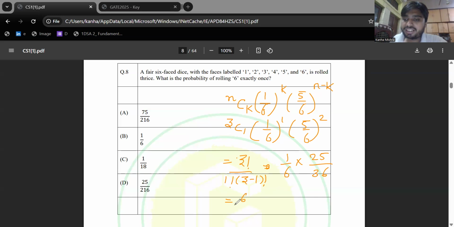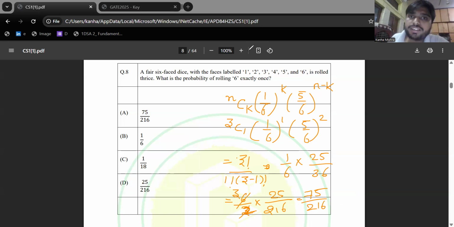So 3 factorial is 6, upon 1 factorial times 2 factorial, which is 2. 6 upon 2 will be 3, into 25 upon 216. So that is equal to 75 upon 216.